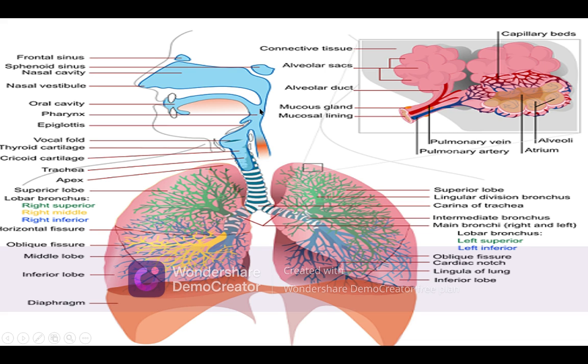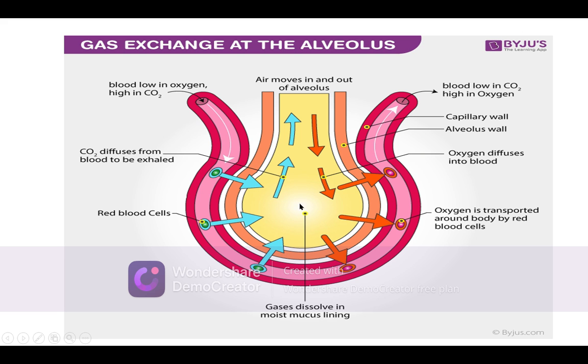So, anything which is affected from here to here will cause difficulty in the exchange of the gases. This is the gas exchange process which is going on at the terminal bronchiole. This is one alveolus which is drawn. Air moves in and out from the alveolus. The oxygen goes in, carbon dioxide comes out.